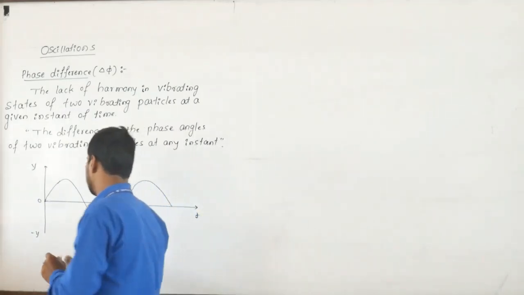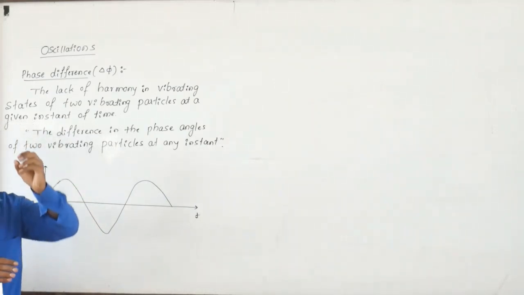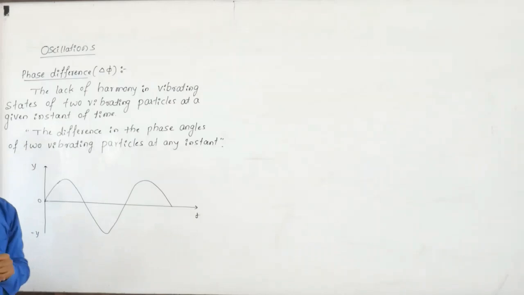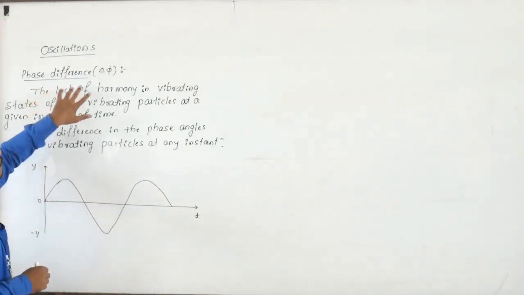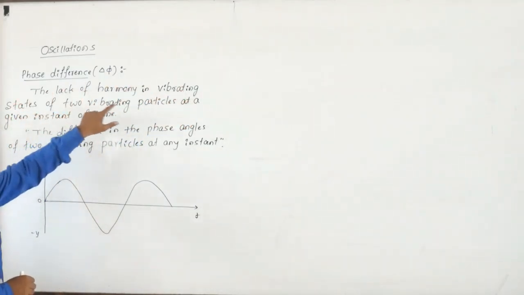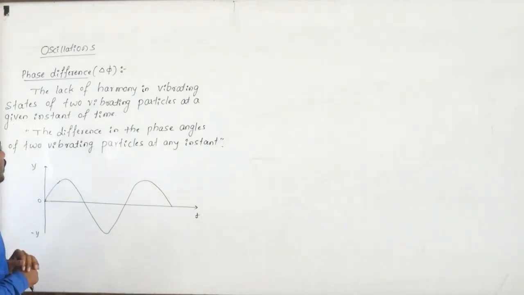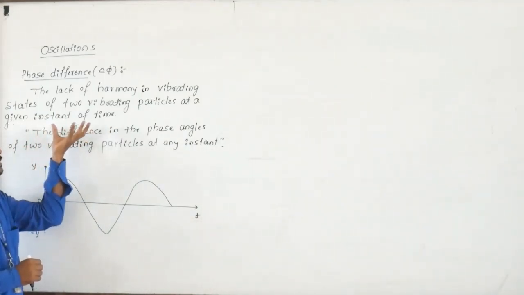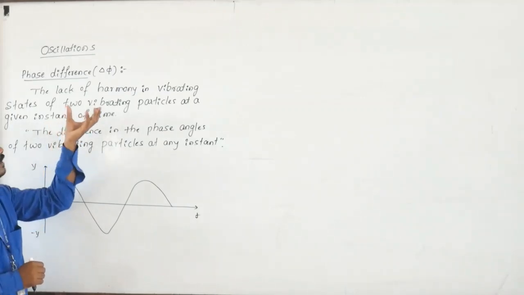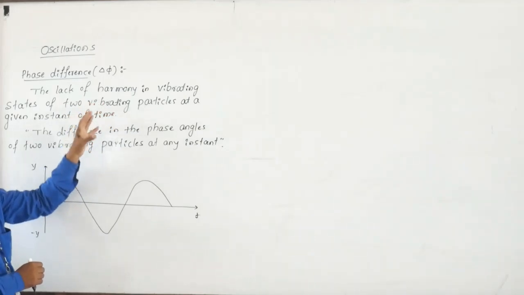and if the particle is moving like this, it means there is a lack of harmony. The harmony is just lost. It means this angle is just lost here. The lack of harmony of the vibrating states of two vibrating particles. At a given time, if you want any difference in the phase angle, we have to take that time.